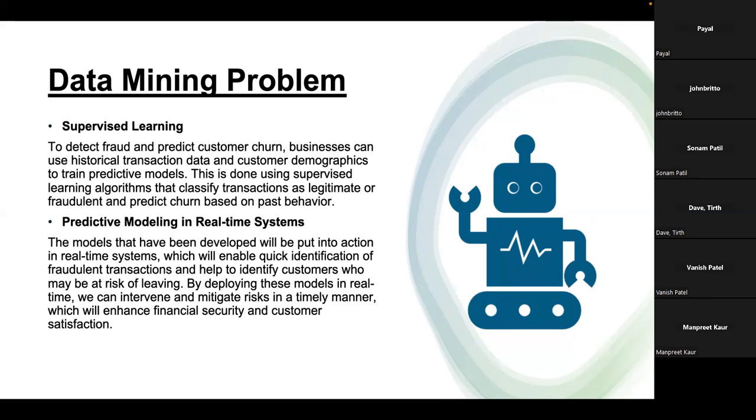This enables us to promptly identify fraudulent transactions and spot customers who may be at risk of leaving. Deploying these models in real time allows us to intervene and mitigate risk effectively, enhancing both financial security and overall customer satisfaction. Now let's break down the datasets we have been working with.